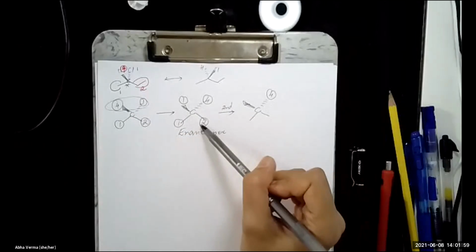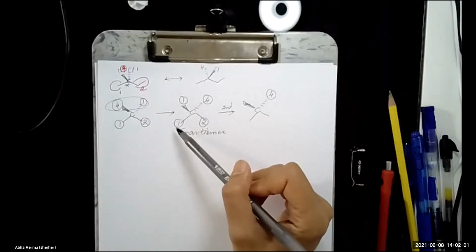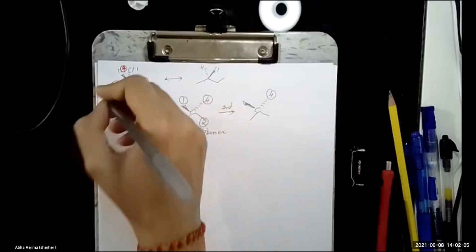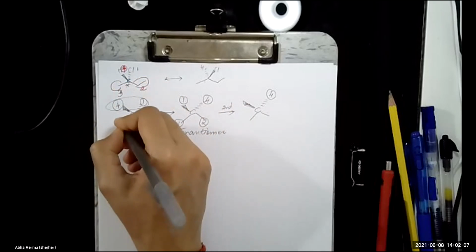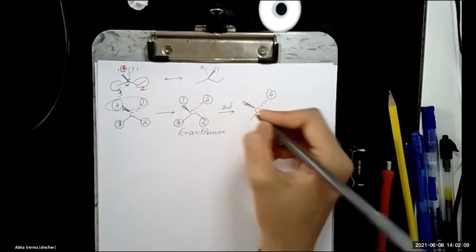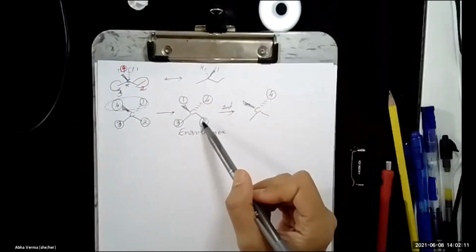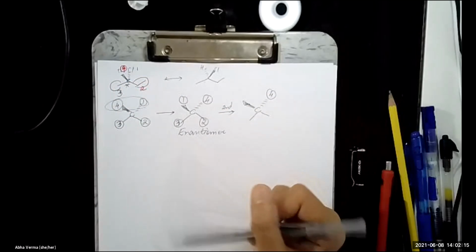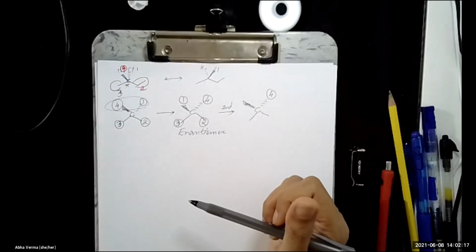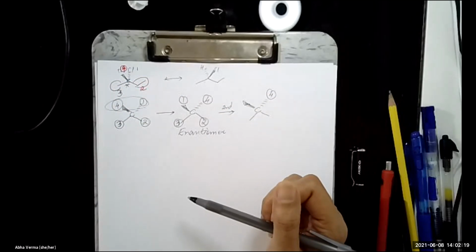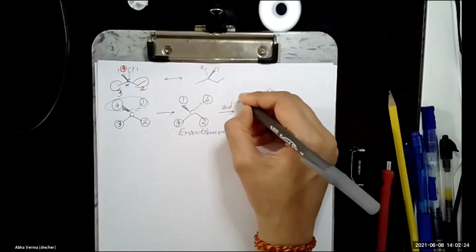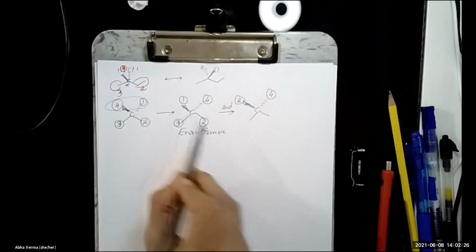Do you want to switch 1 and 2? Do you want to switch 1 and... I'm sorry, I think I made a mistake here. This is 3. So should we switch 1 and 2? Or should we switch 1 and 3? Or should we switch 2 and 3? 2 and 1. Okay. Thank you very much. So I'm going to switch 2 and 1.